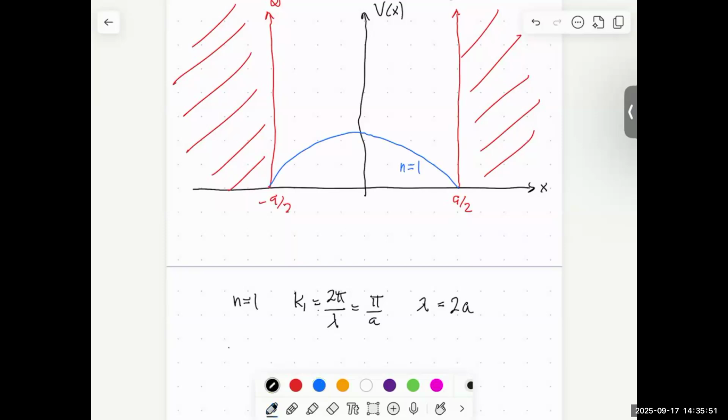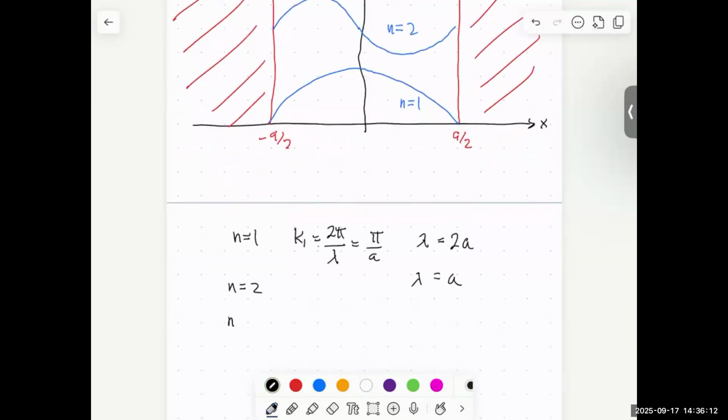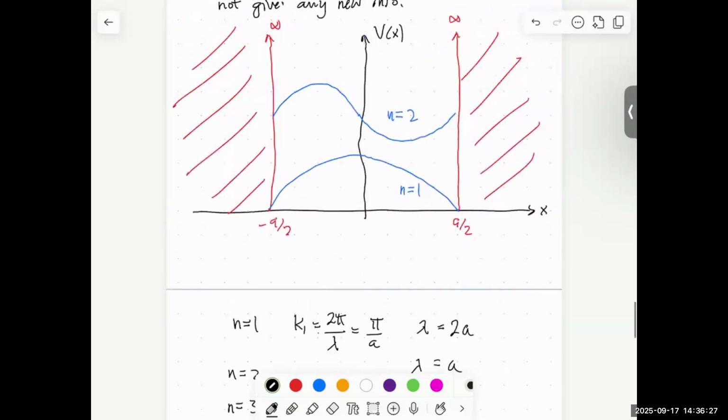If we did n equals 2, we would find that lambda is equal to a. So one full wavelength fits inside, and we would get something like this. This is n equals 2. And you can probably see the pattern already. We're going to get 3a by 2 when we put in n equals 3. And so every time we increment n, we add half a wavelength into our solution.